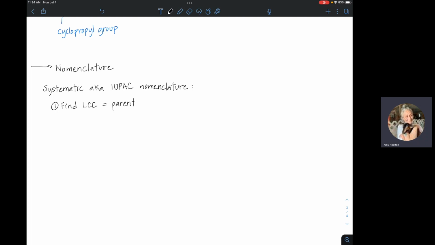And for alkanes, we're going to add the suffix ane. So this is where you're going to follow the same set of rules for all the functional groups. For alkanes, the suffix will be ane.